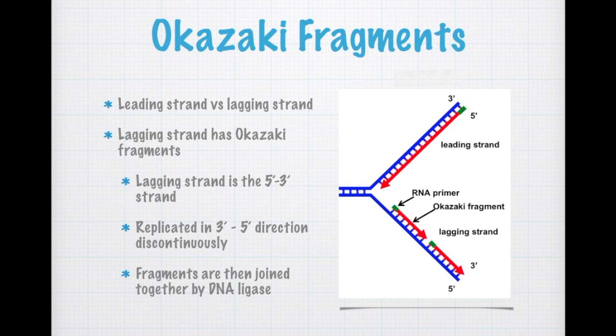In this case, it works its way back to the 5' end. These fragments are because it has to do it in pieces. These fragments are considered our Okazaki fragments, named after the gentleman who discovered them. Once the DNA has been replicated, these fragments are then joined together by DNA ligase in order to complete the replication process.